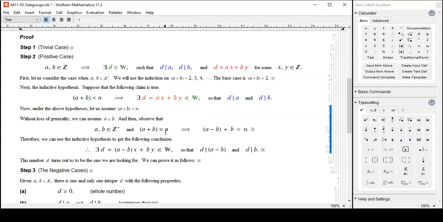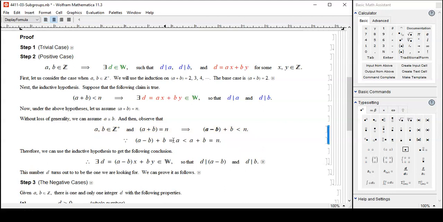Here we go. Let's assume that a plus b is now equal to n, and then let's make an ingenious observation here. a minus b plus b is less than n. Do you see that? This number, which I'm highlighting in bold, plus b is less than n. Why? Well, a minus b plus b is a.